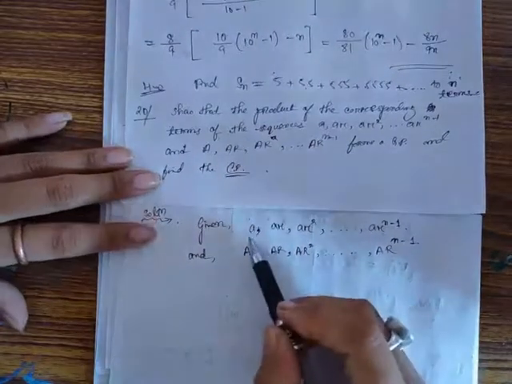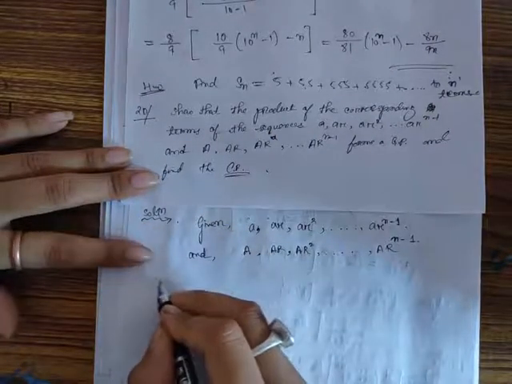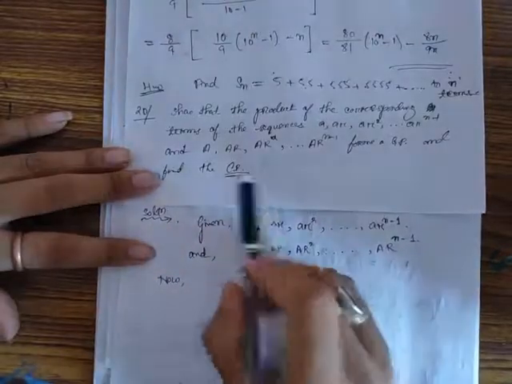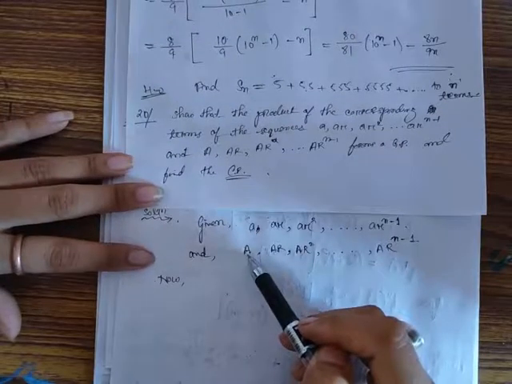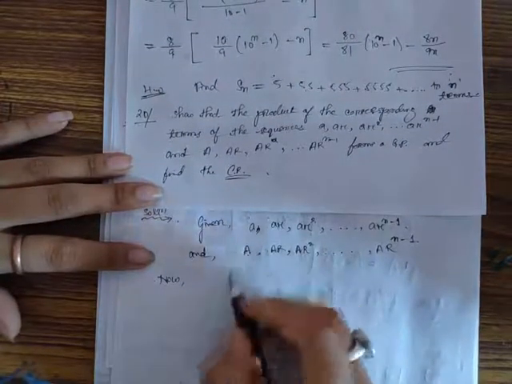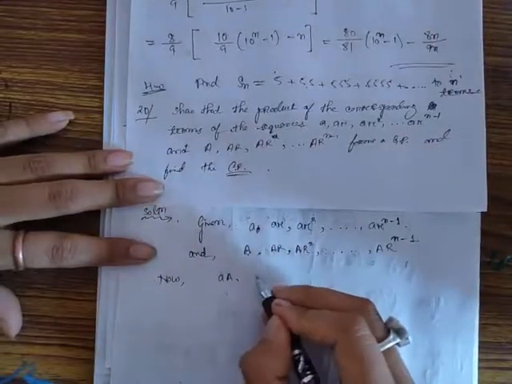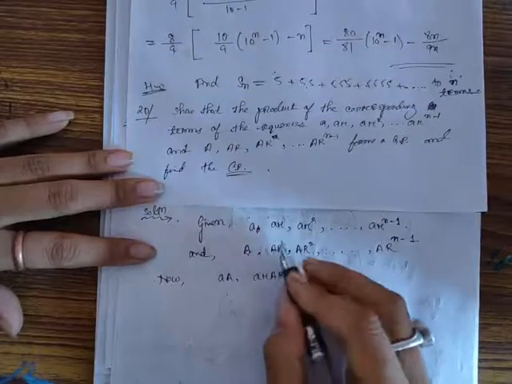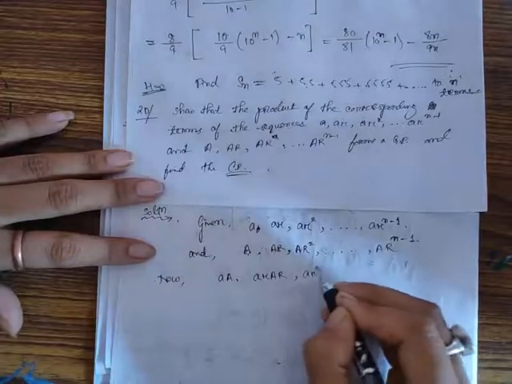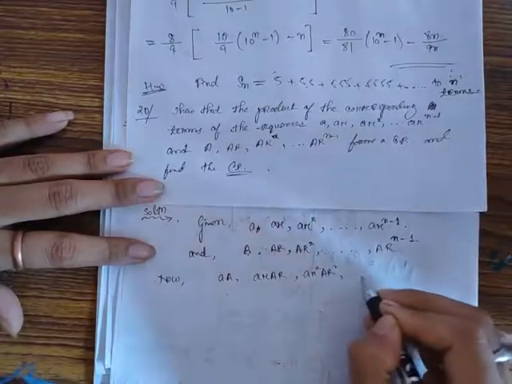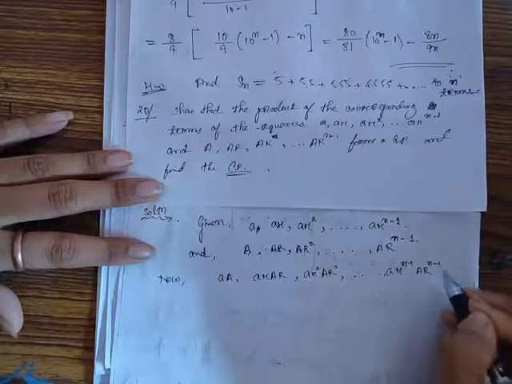You have to show the product of the corresponding terms, that means first term of the first sequence into first term of the second sequence, second term of the first sequence into second term of the second sequence, that is a A, ar AR, ar square AR square, and so on to ar to the power n minus 1 AR to the power n minus 1.